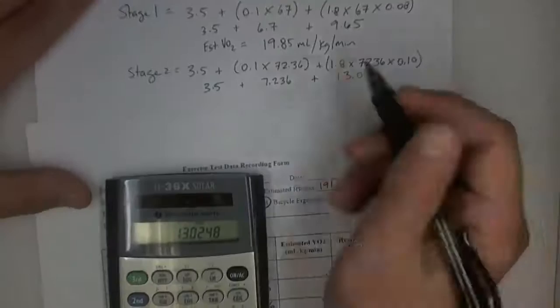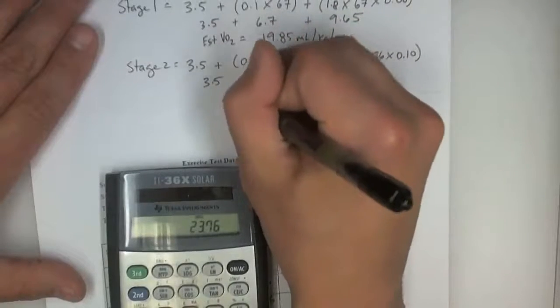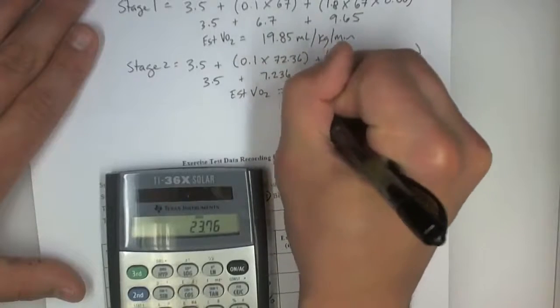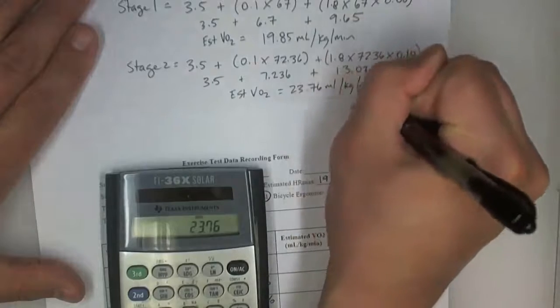We'll add those together. 3.5 plus 7.2, I'm going to round that to 24, plus 13.02 gives us an estimated VO2 equal to 23.76 mils per kg per minute.